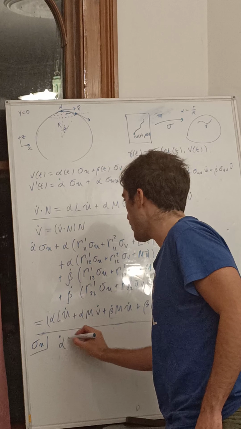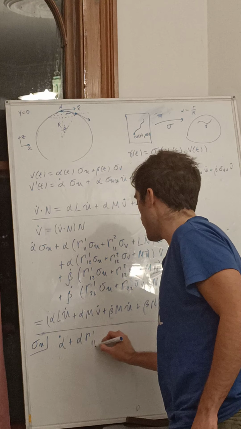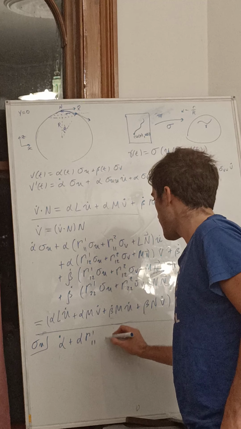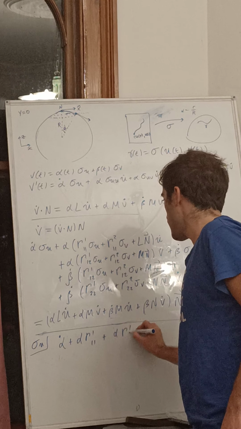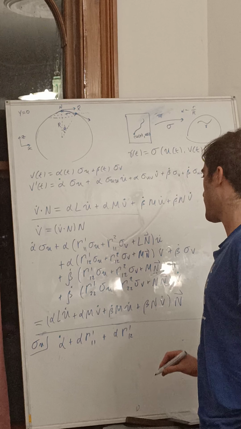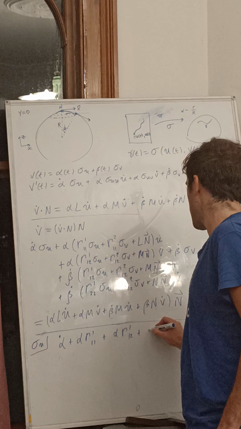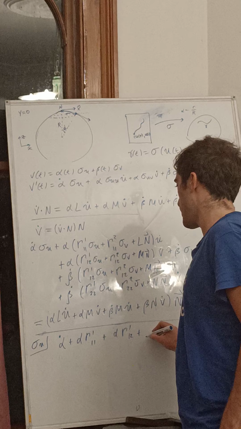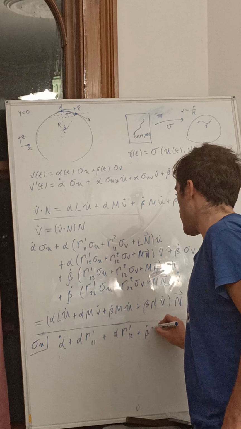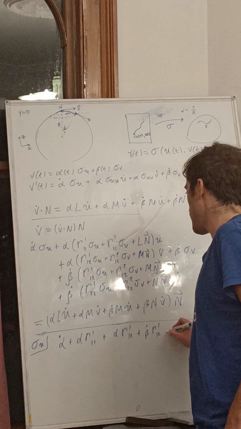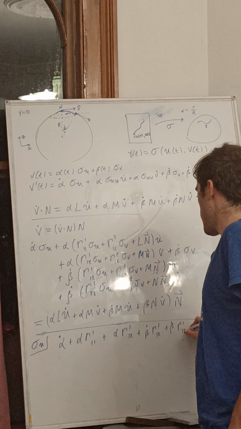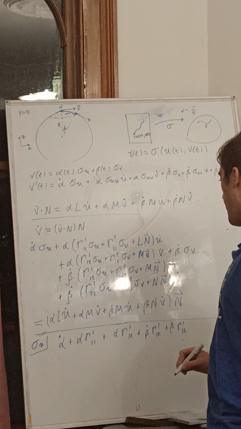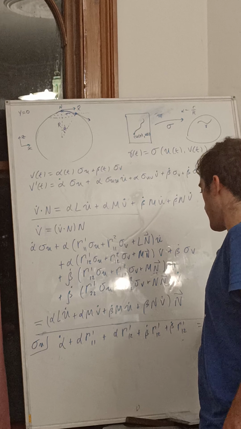We get alpha dot plus alpha gamma 1 1 plus alpha gamma 1 2, plus beta dot gamma 1 2 plus beta dot gamma 1 1 2. That's equal to 0.